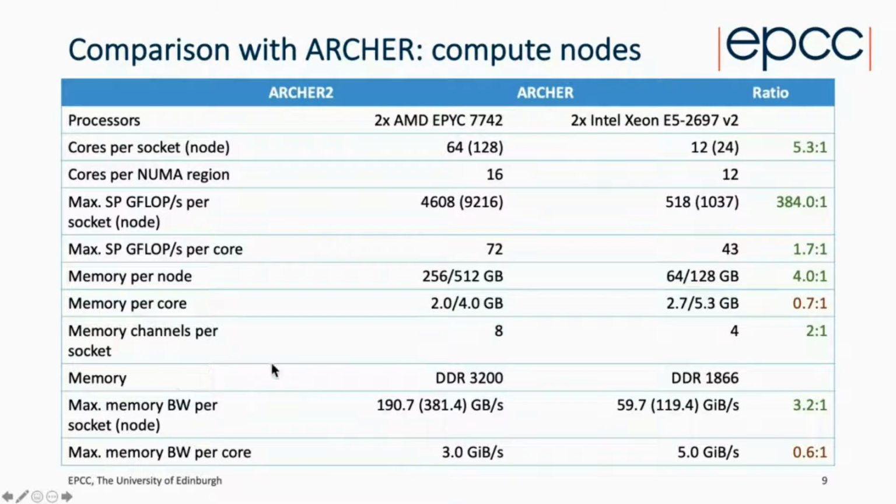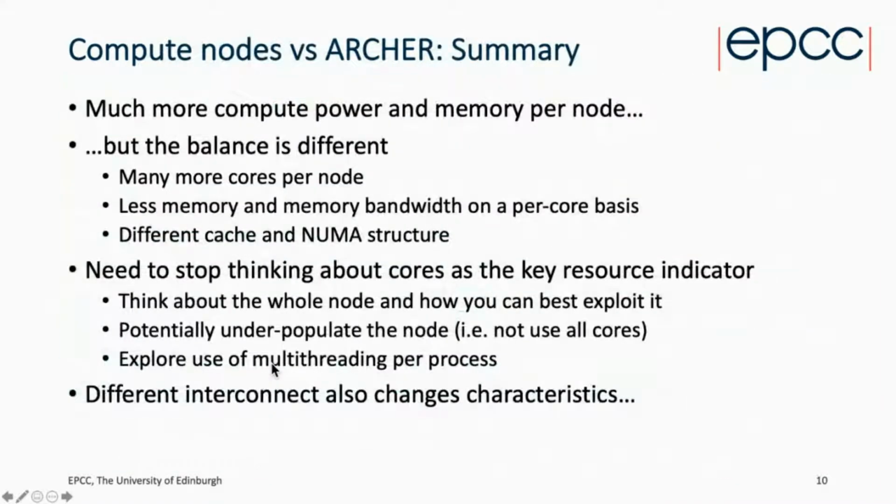So what I was trying to summarize in this slide is that the balance of the ARCHER2 compute nodes is different from Archer. There's more cores per node, but less memory and memory bandwidth on a per core basis. There's a very different cache and NUMA structure.